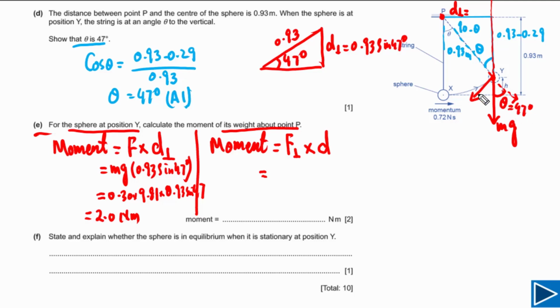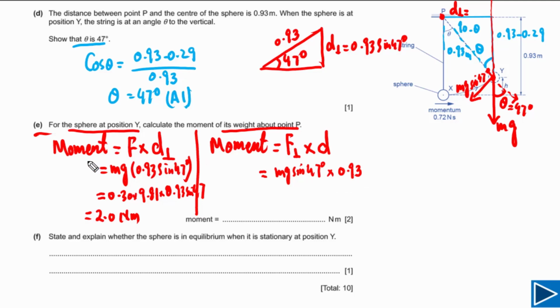Now if this angle is 47, this component will be mg sine of 47 degrees. So this perpendicular component, F perpendicular, is mg sine of 47 degrees, and the distance between the point of action of the force and the pivot is 0.93.